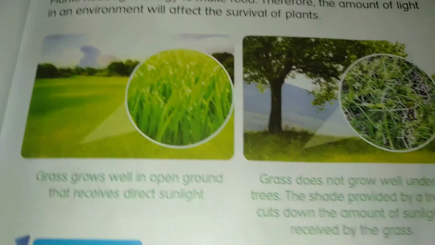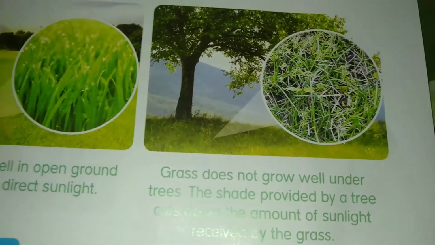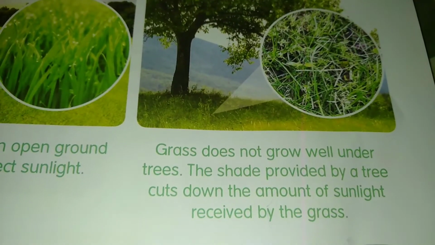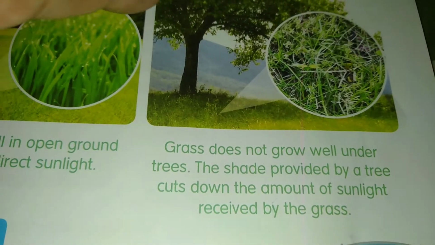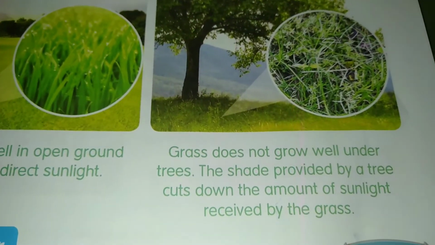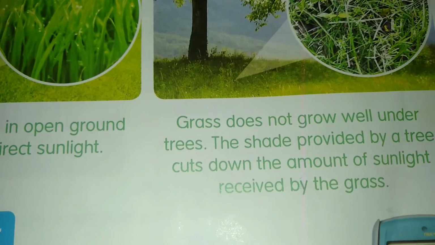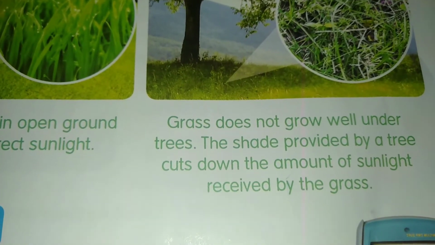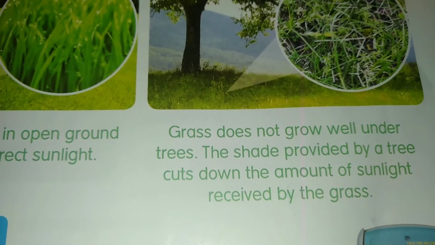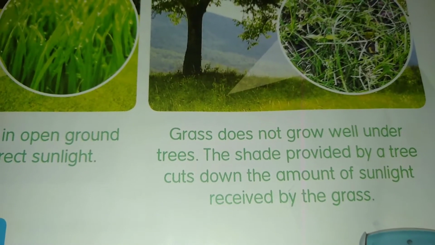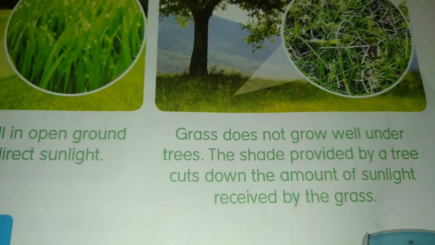Now we will go to this. Grass does not grow well under the trees. If there are trees over here and the grass here, the grass will not grow, because the shade provided by the tree cuts down the amount of sunlight received by the grass.